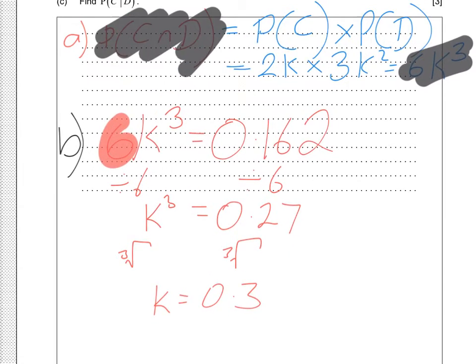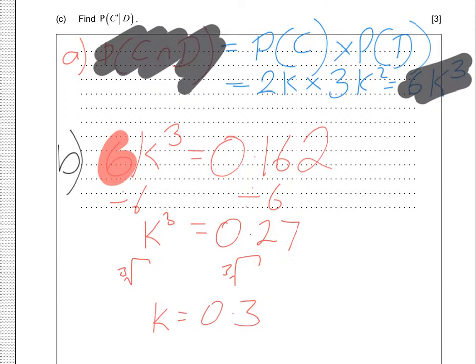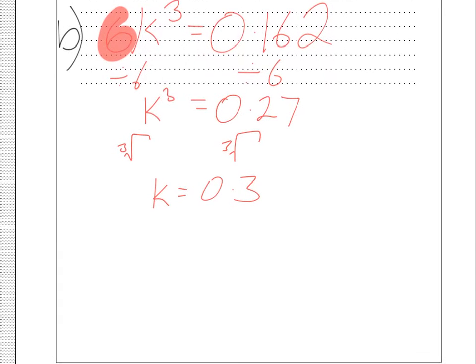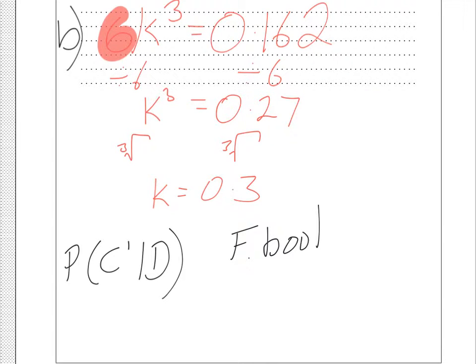That's part B. Part C is certainly the trickier part. Find the probability of not C given D. Now again, from your formula booklet, you can use this formula.